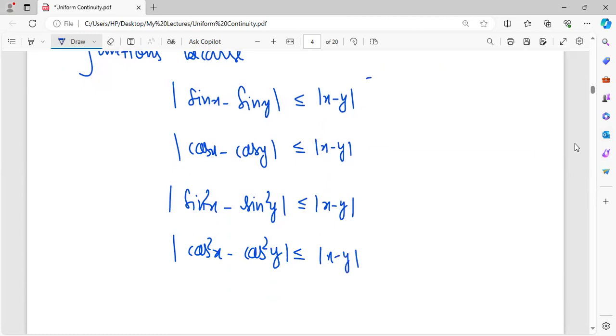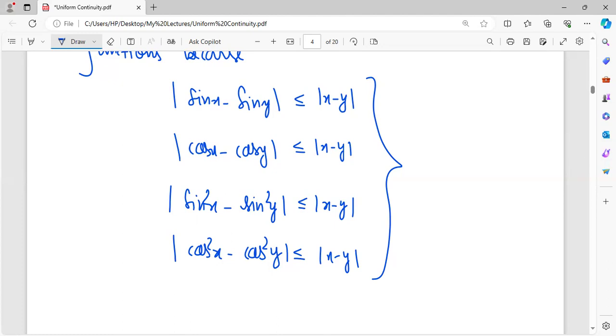These things I told you when I taught you the mean value theorem. So sin x, cos x, sin square x, cos square x are Lipschitz functions.